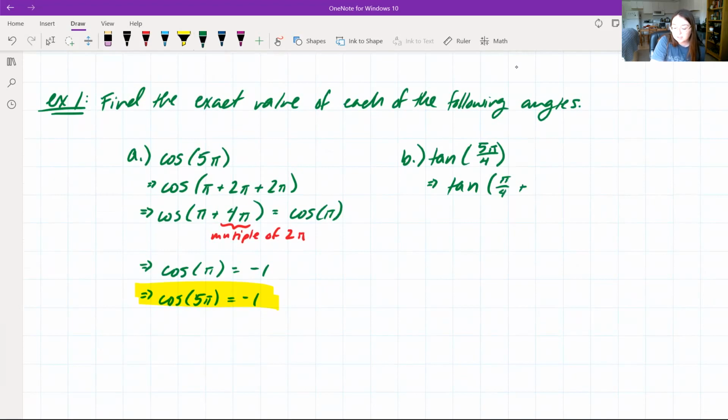So we can extract 1 pi out. So this means it went 1 period. So what we see here is that we have 1 period of pi.